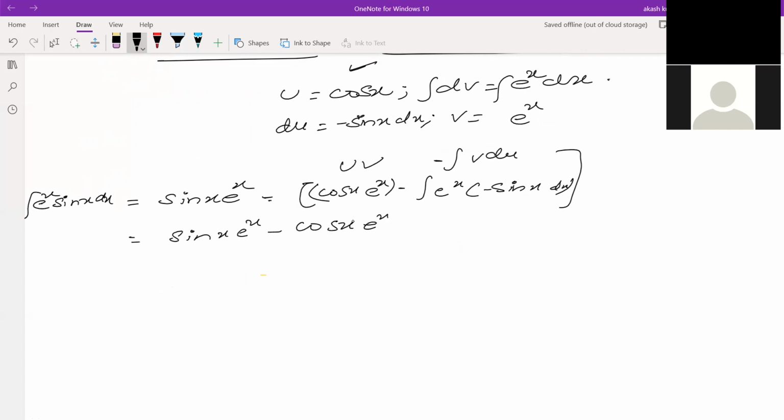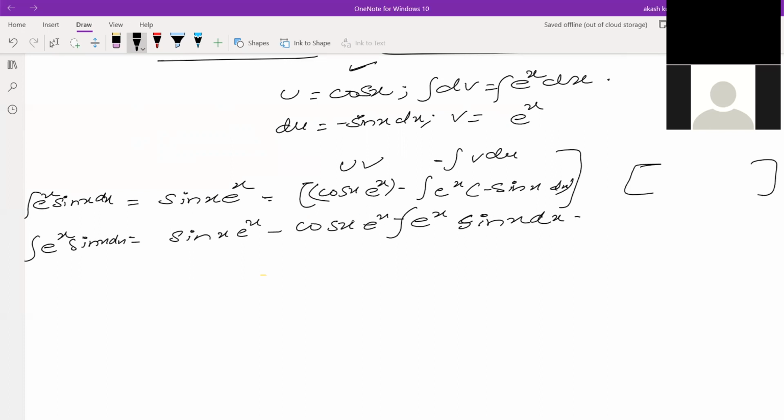This minus becomes plus, and with the earlier minus we have three minuses, so it remains minus integral of e^x sin x dx. Is it clear? Yes. Okay. Is this an integral or a bracket? This is a bracket. Oh, okay.